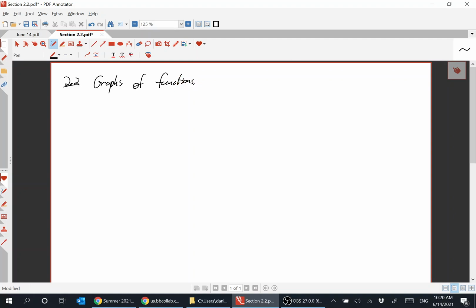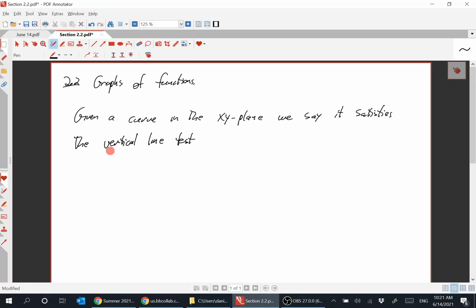So, first thing to notice is the following: given a curve in the xy coordinate plane, we say it satisfies the vertical line test when every vertical line intersects the curve in at most one point.